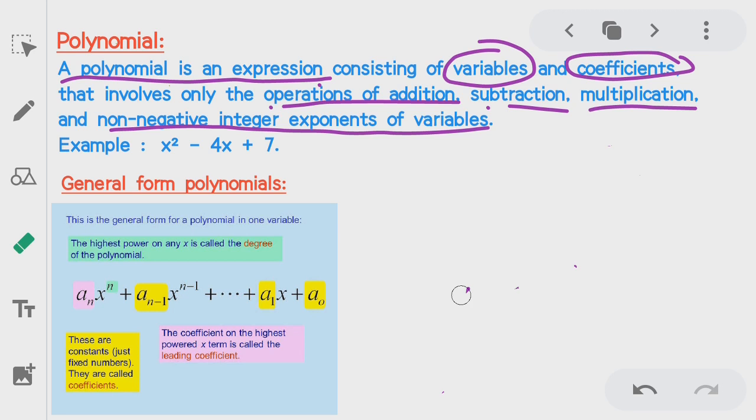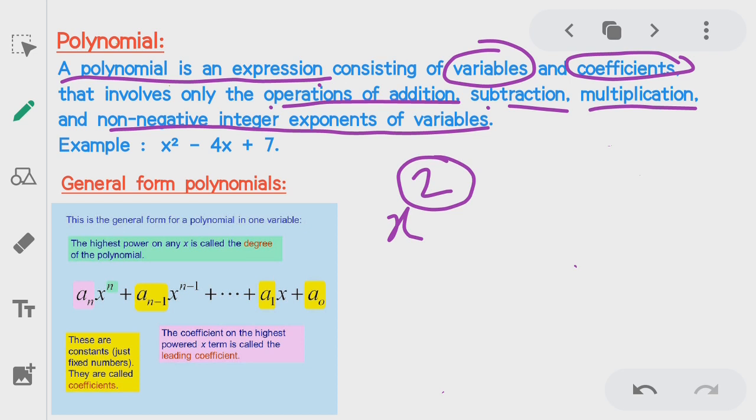Now see, what is the variable here? x square. What is the exponent of x here? 2. Is it a positive integer or negative integer? You can see clearly it's a positive integer. Non-negative, positive integer in the sense non-negative integer.